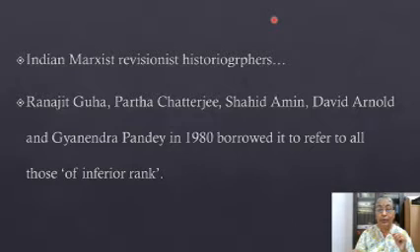They borrowed it from Gramsci and they had given it a new meaning by referring to the inferior rank or people of inferior rank, all those of inferior rank. And it is in that sense that subaltern is used in the present times.